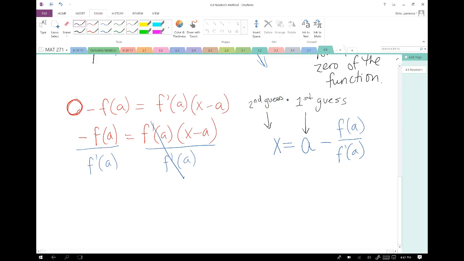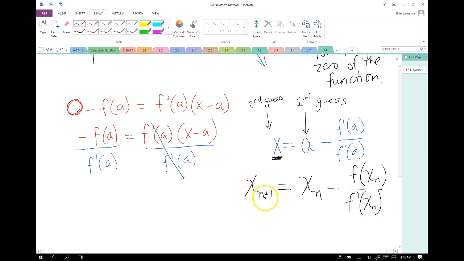And it is an iterative process, which means we're going to do this again. And this now becomes our new guess. So what we do is we call this x sub n plus 1 equals x sub n minus f of x sub n over f prime of x sub n.